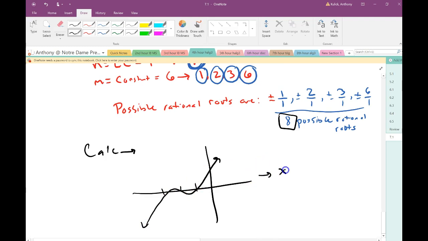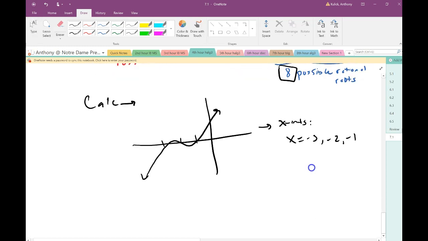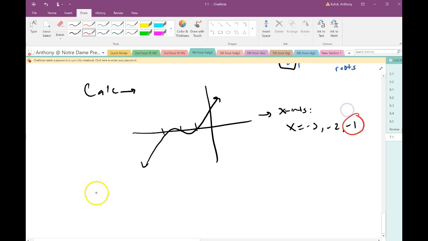I have x-intercepts at x equals negative 3, negative 2, or negative 1. Then I go to my list and I say, aha, I have negative 1, negative 2, and negative 3. Any one of those would be a good starting spot, so I'm just going to arbitrarily pick negative 1.